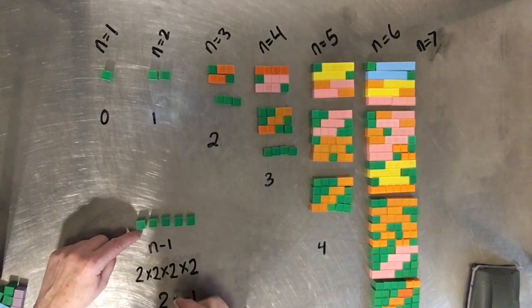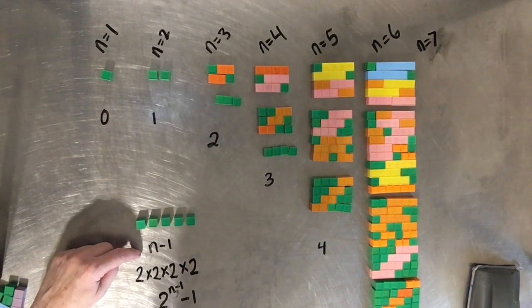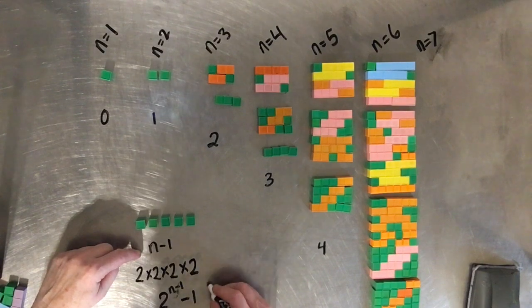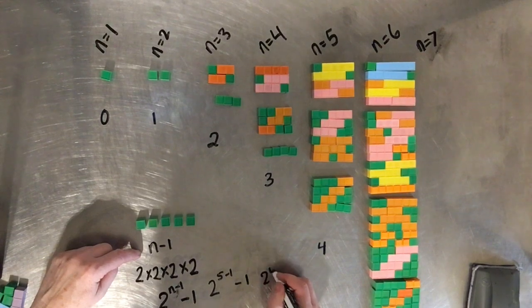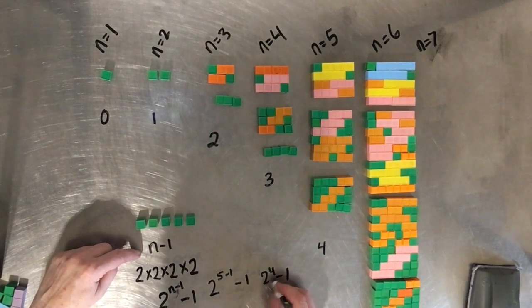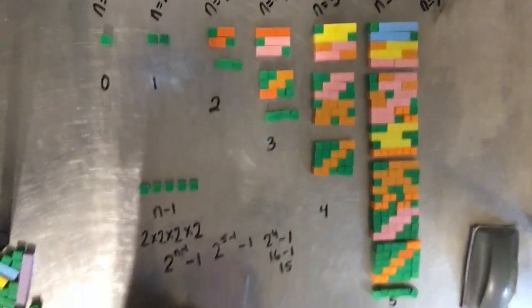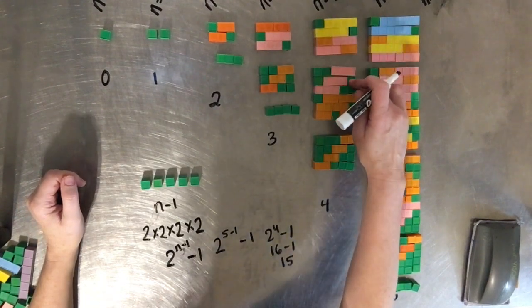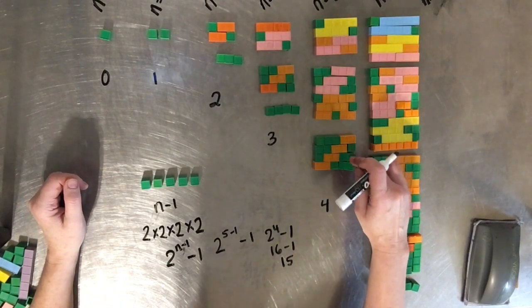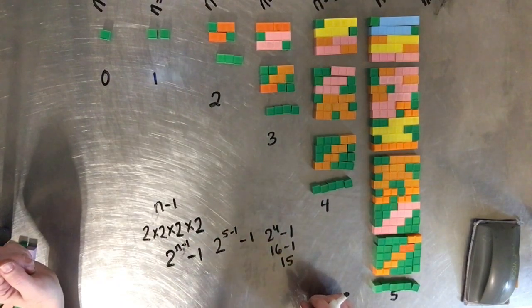Or we could write this as 2 to the power of n minus 1, minus 1, where n minus 1 is 4, and if we substitute that in, 2 to the power of 4 minus 1 is 16 minus 1, which is 15 possible permutations. So 1, 2, 3, 4, 5, 6, 7, 8, 9, 10, 11, 12, 13, 14, 15 possible permutations.